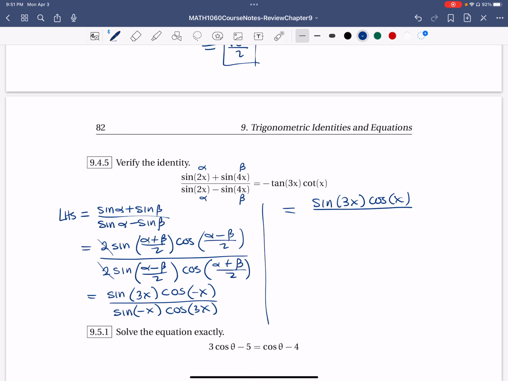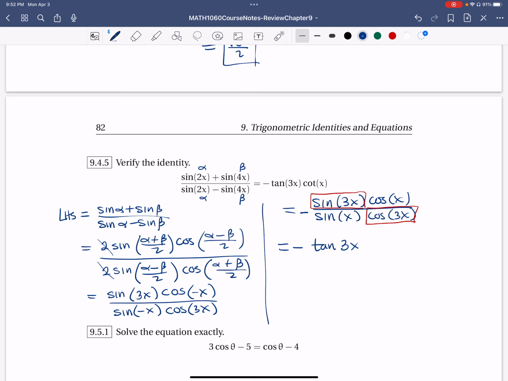So I could write that in front of everything and just say minus, and I have sine of x cosine of 3x. And now I can combine the sine and the cosine here and here to get the tangent. So that part will be equal to, with the minus sign still out in front, the tangent of 3x.